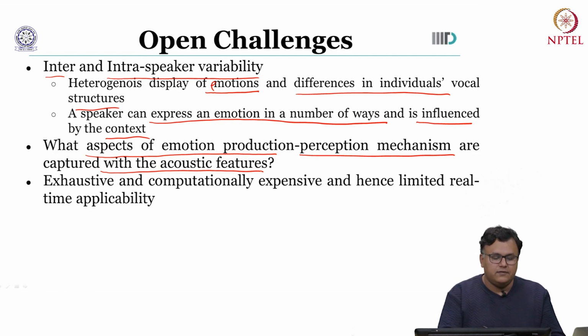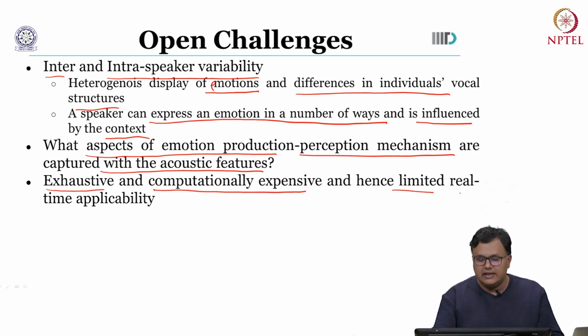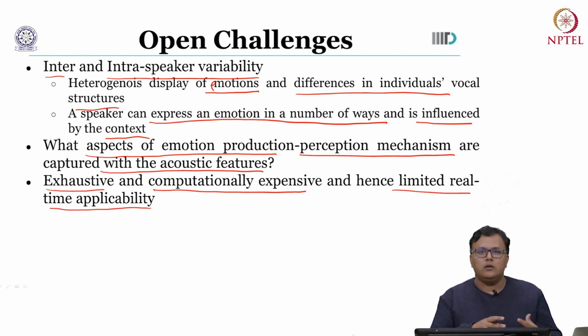The third open challenge, friends, is that the speech-based affect recognition can be exhaustive and can be computationally expensive, and hence it can have limited real-time applicability. We have seen in lecture 1 for speech the trade-off, right, between the window of sample duration and how much real time it needs to be.